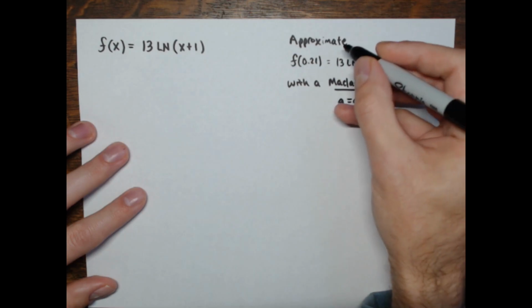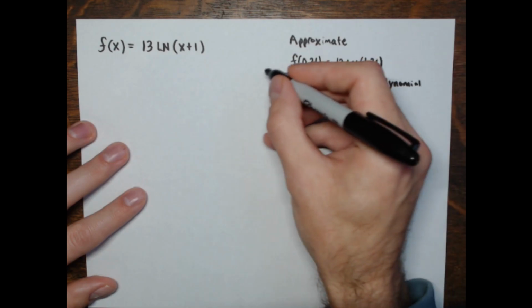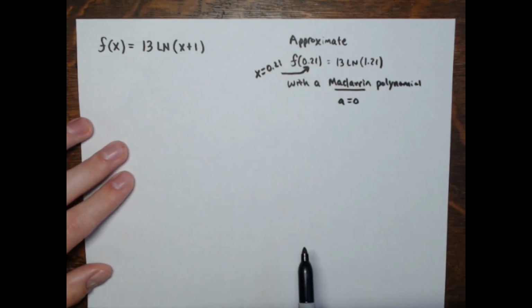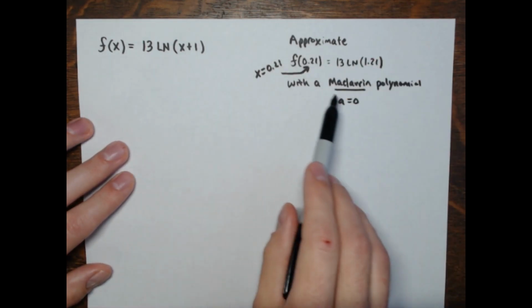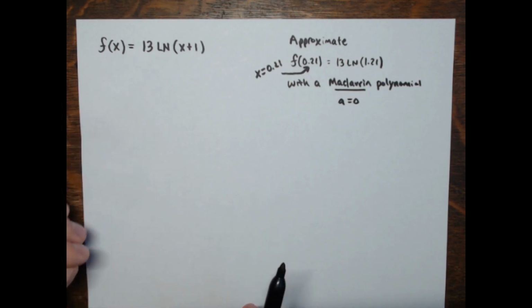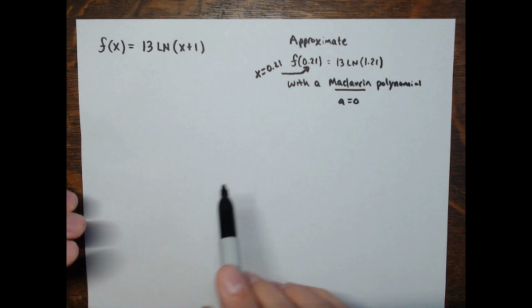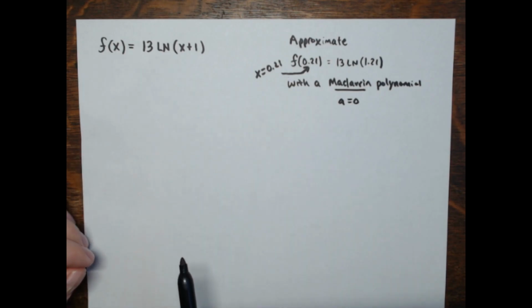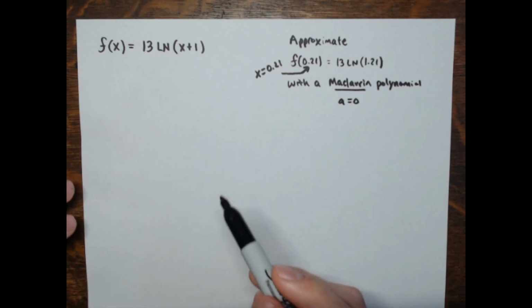So a is 0, and then the value of x is 0.21. All right, so that means when I write up the error term later, that remainder term, there's going to be this value of c showing up, and c is going to be some value between 0 and 0.21.